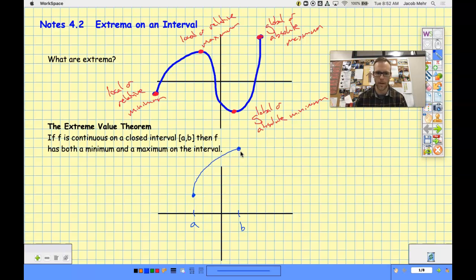Yep. Minimum there, maximum there. How about that one? I'm trying to draw that horizontally, actually. Every point on this one is a maximum, and every point is also the minimum. So lots of options there.